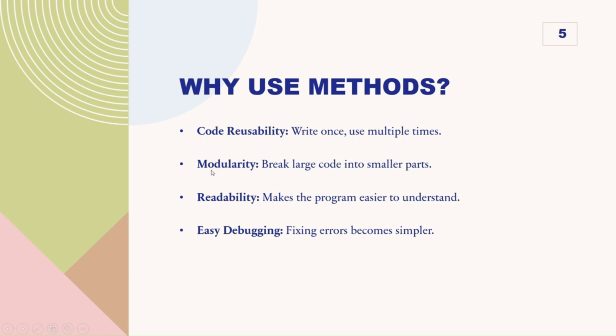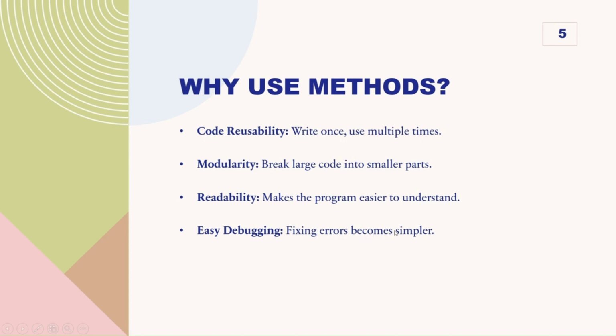And it also comes with modularity. Break large code into smaller parts. You can break the code into smaller parts to understand easily what is happening in your methods. And also readability, to make the program easier to understand and easy to debug.